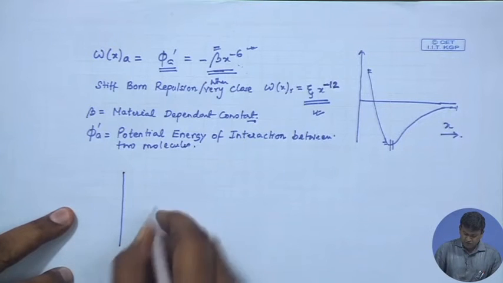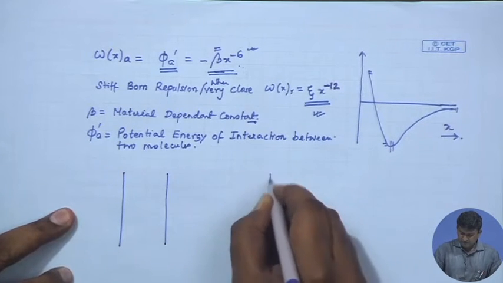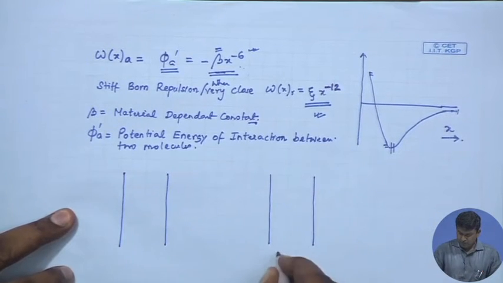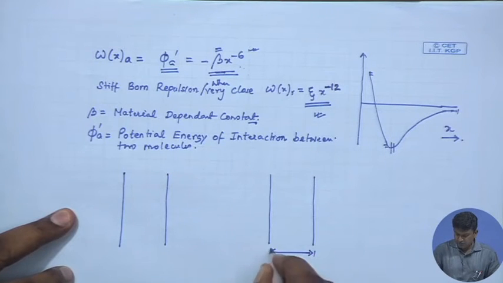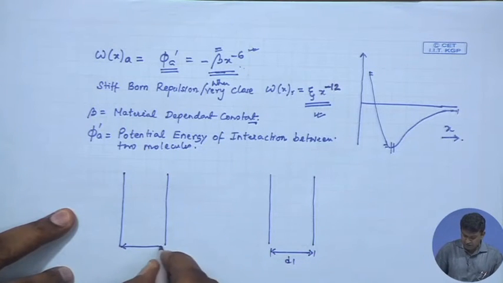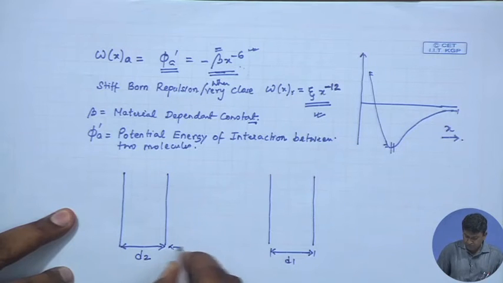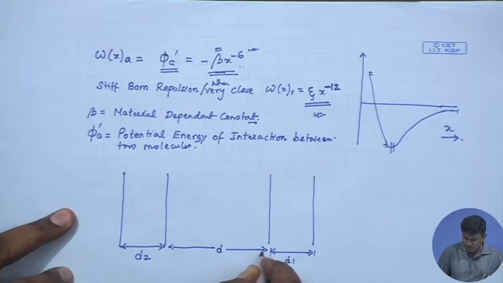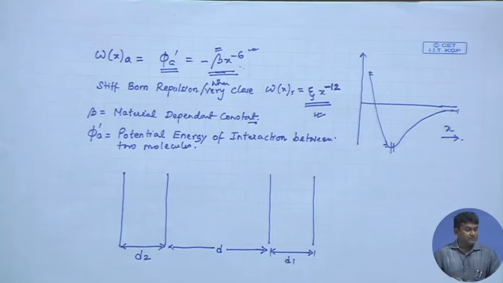Let us try to understand the figure first. Between two blocks of materials of thickness d1 and d2, which are separated by a distance d.